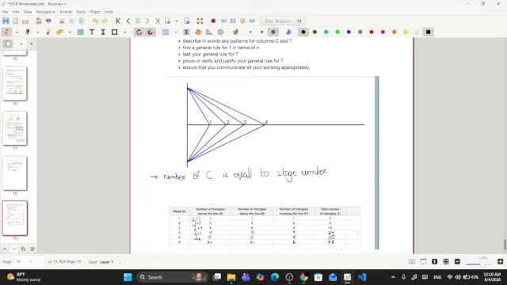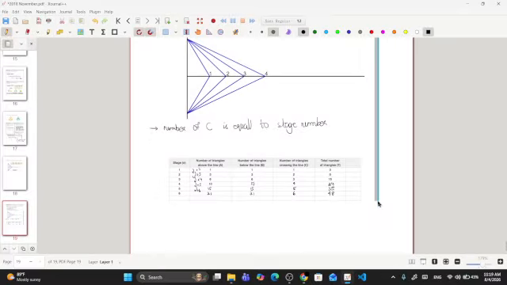What about the pattern for column T? We can see that as the value of n increases by 1, the total number of triangles increases by consecutive odd numbers. So 3 and 8 has a difference of positive 5. 8 and 15 has a difference of positive 7. 15 and 24 has a difference of positive 9, positive 11, and positive 13.